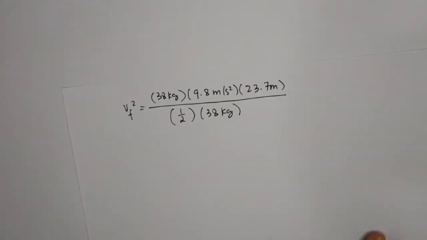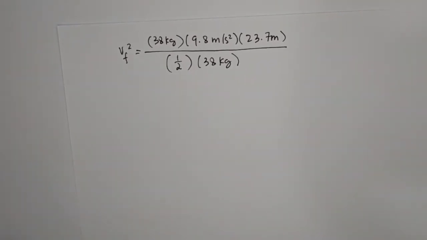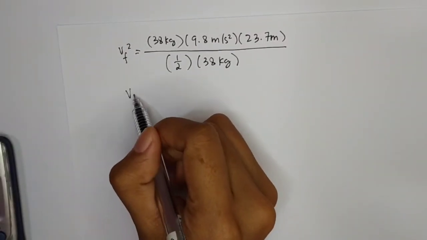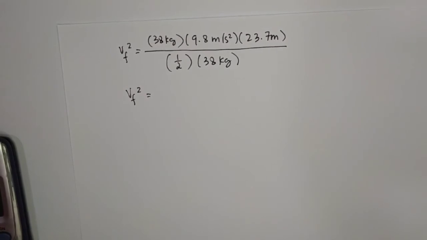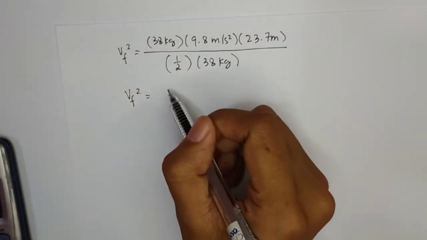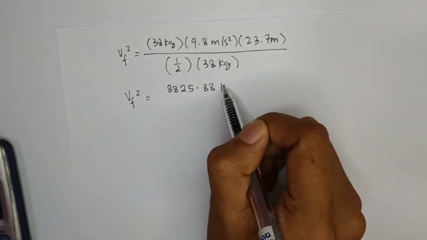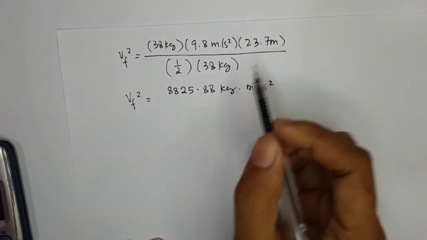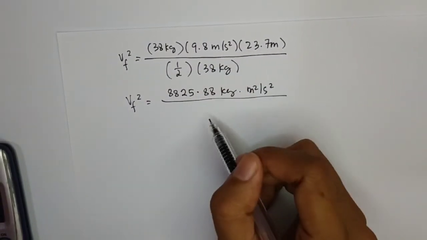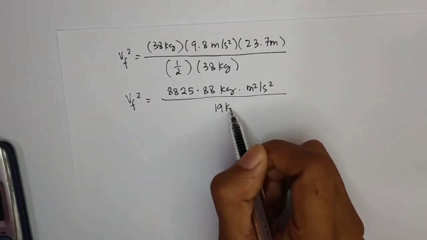Okay, so let's use our calculator to solve our numerator and denominator. So we have here velocity final squared, that is 38 times 9.8 times 23.7. So this is 8,825.88 kilogram times meter squared over second squared, all over 1/2 ng 38, that is 19 kilograms.